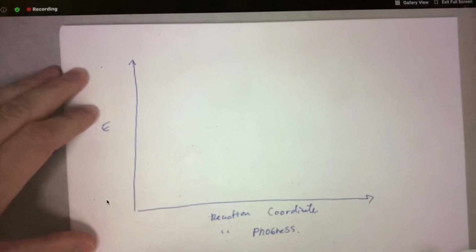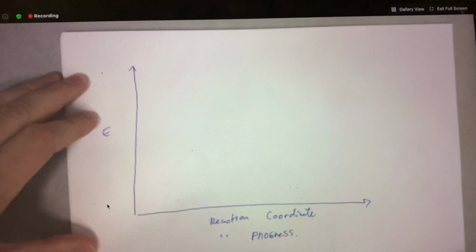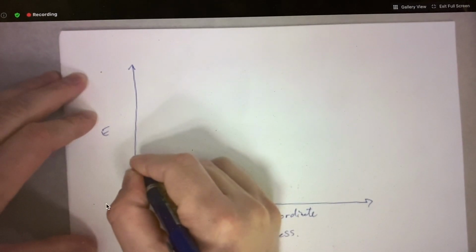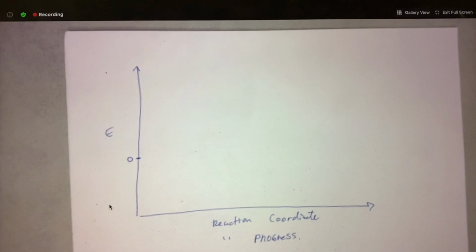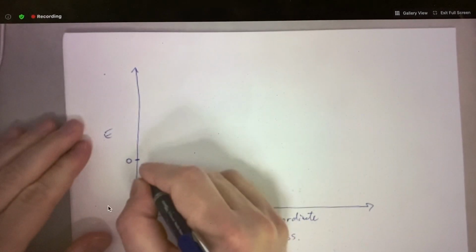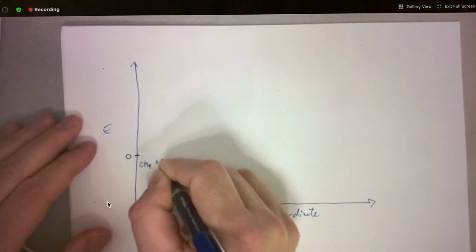This is just a rough diagram for us to look at and visually see what's happening as this reaction is proceeding. We're going to put just some value on it. This is actually relative energy, and we're going to just put 0 on the graph. And at this 0 point, we have our methane molecule and our chlorine radical.